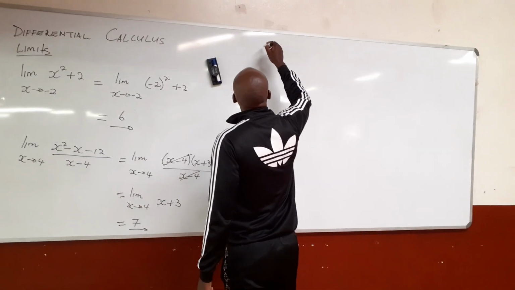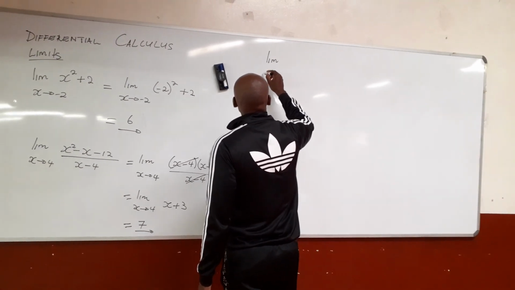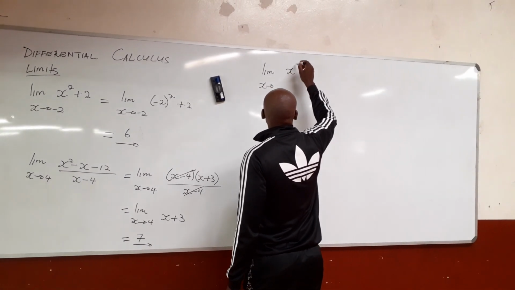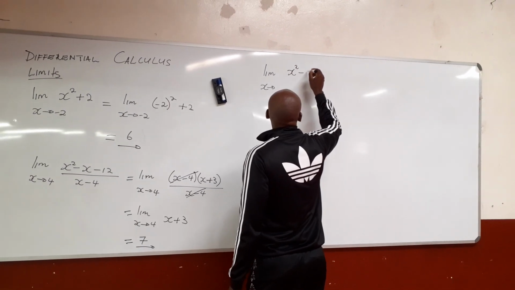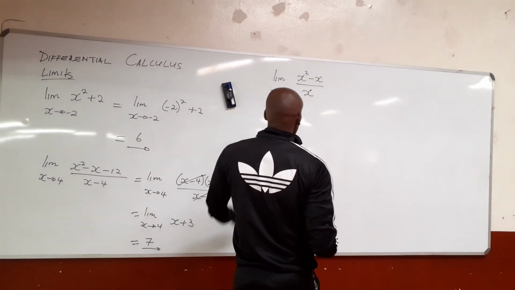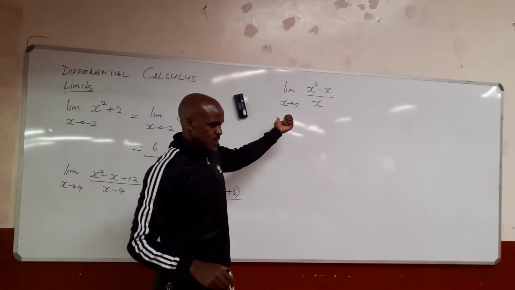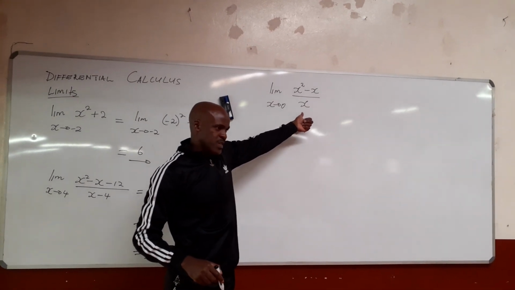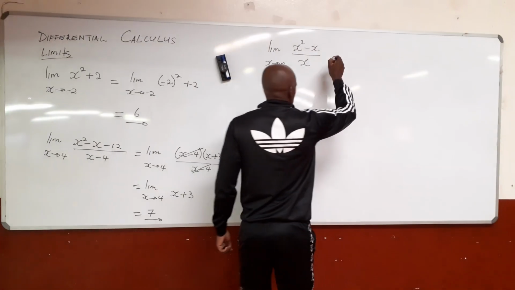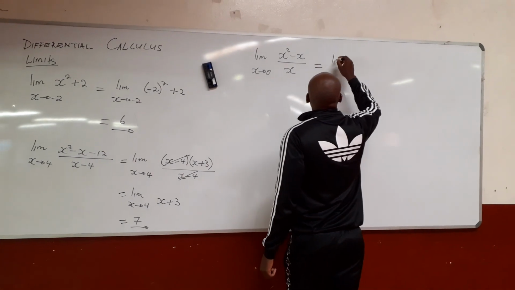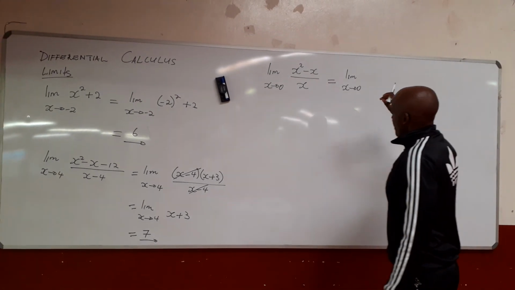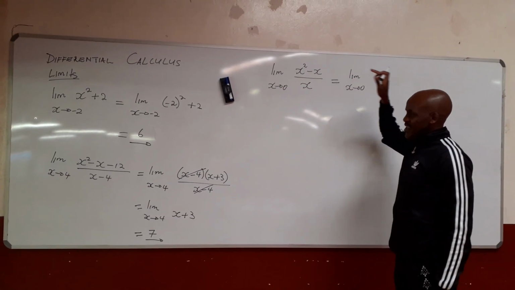Again, let's say you are being asked to determine the limit of x squared minus x all over x, as x approaches 0. You can't have 0 as a denominator, which means you'll have to first factorize your numerator. Remember that in our first topic we spoke about factorizing by taking out the common factor.